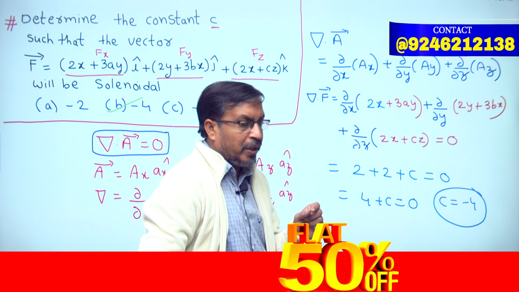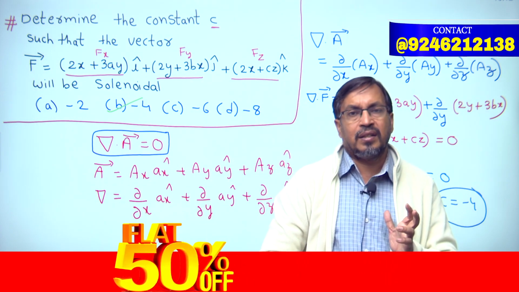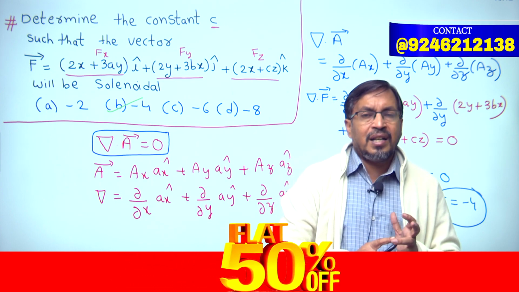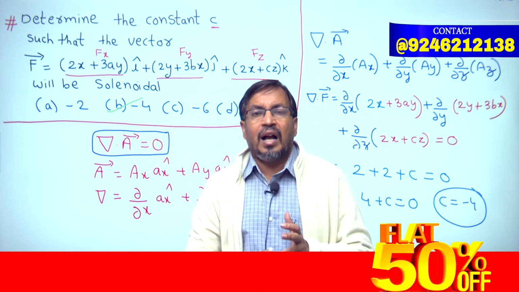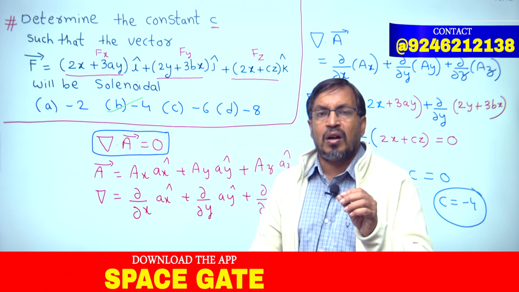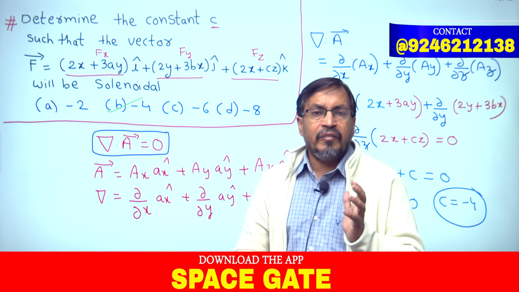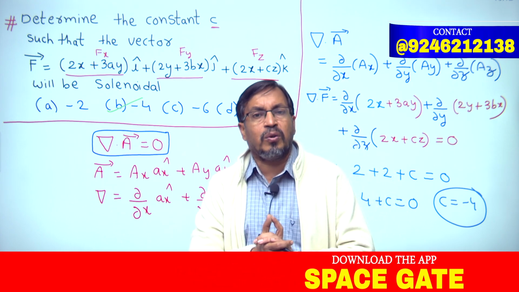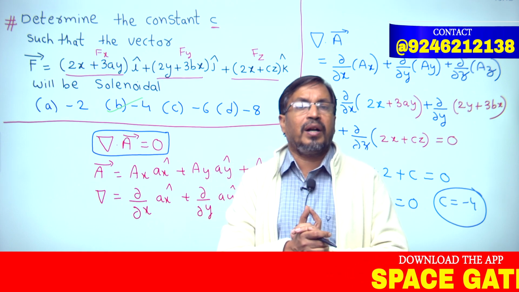So here you remember 2 points. What is divergence, and what does it indicate? If divergence equals 0, the vector is known as solenoidal. And a very important point: how to find divergence in the 3 coordinate systems.